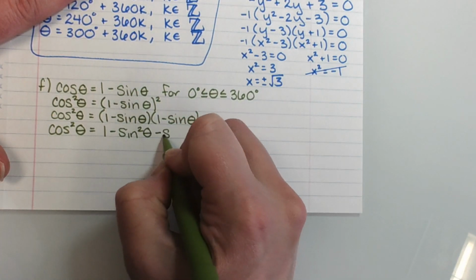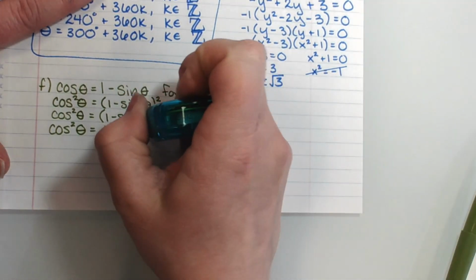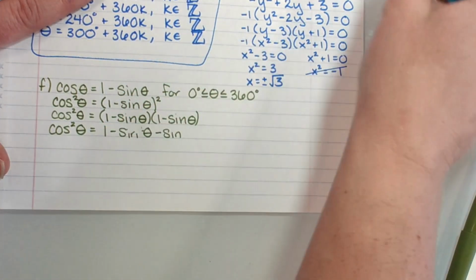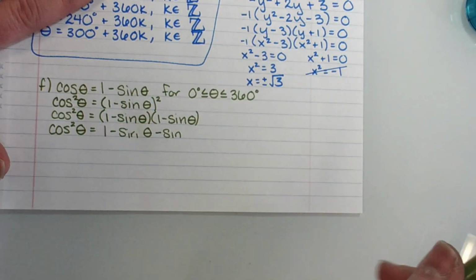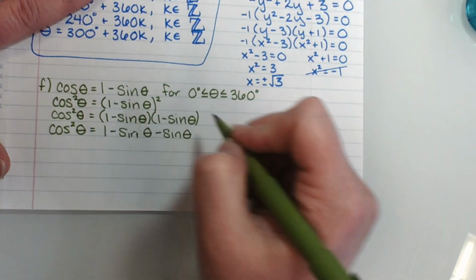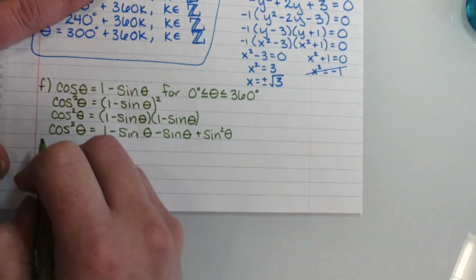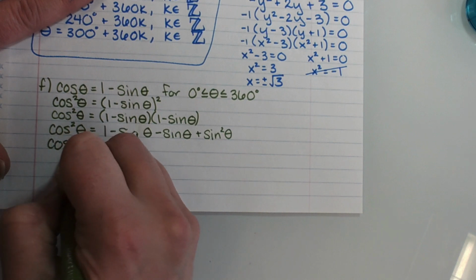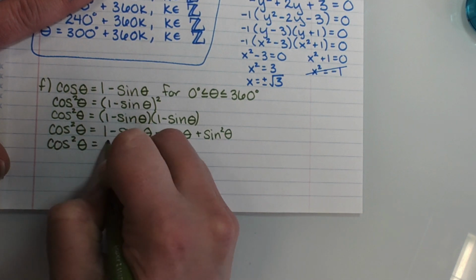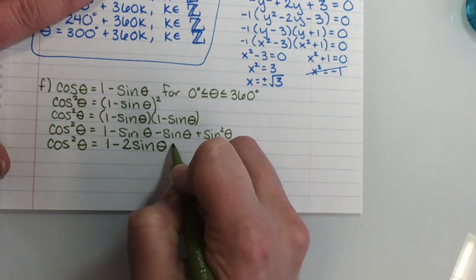Negative sine times 1 is negative sine. Why did I write a squared on that? That's not squared. And negative sine times negative sine is positive sine squared, in which I can now combine my like terms, in which there are 2 sine of thetas.